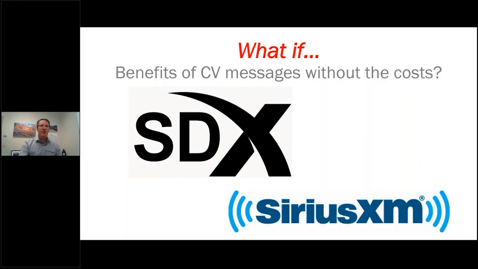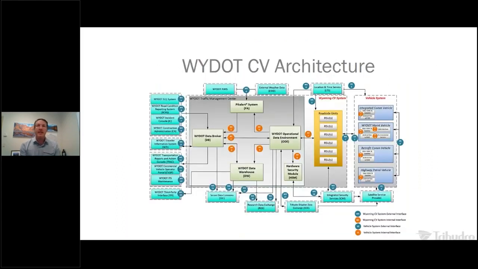And so what does this look like in our architecture, and how does it work? Let's look at the WYDOT connected vehicle architecture. Now, this is a lot of information on here, and I'm not going to go through all of it, but I wanted to point out a few key facts here.